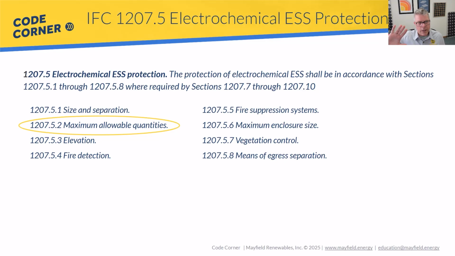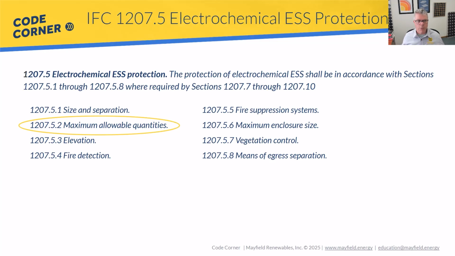So again, 1207.5, if you haven't seen the previous videos, is all about electrochemical ESS protection, and you can see there's a number of subsections within there. We've talked about size and separation on previous videos.